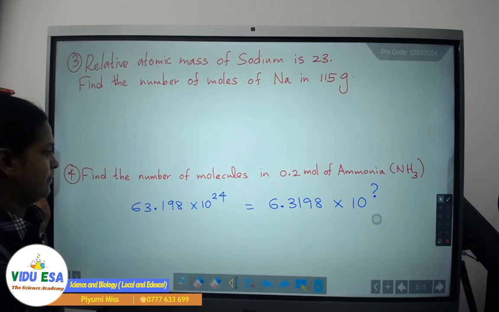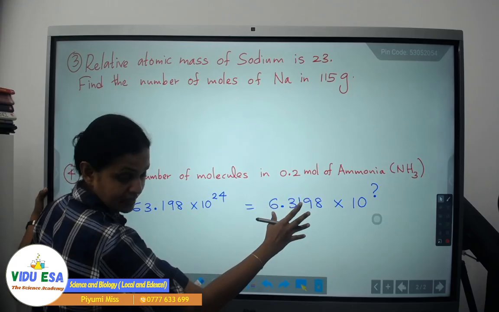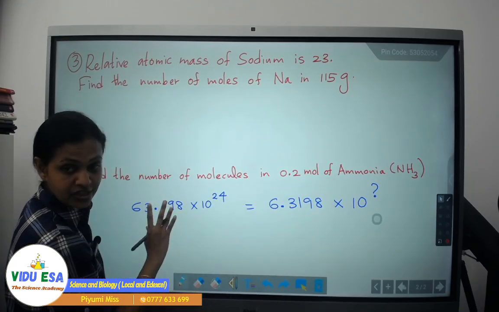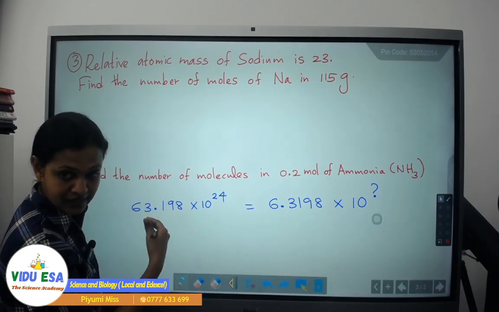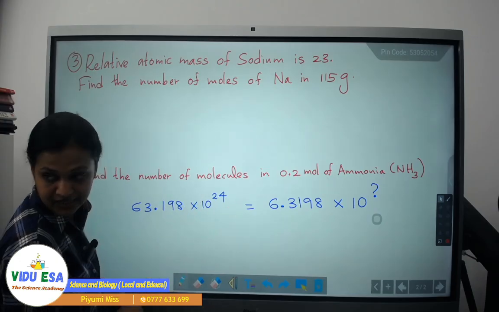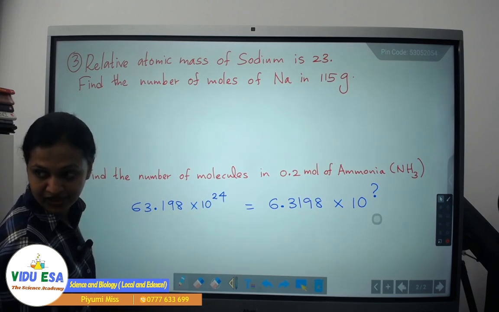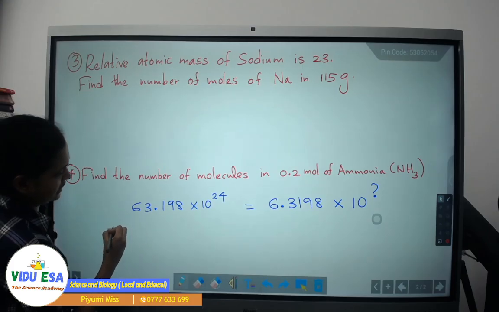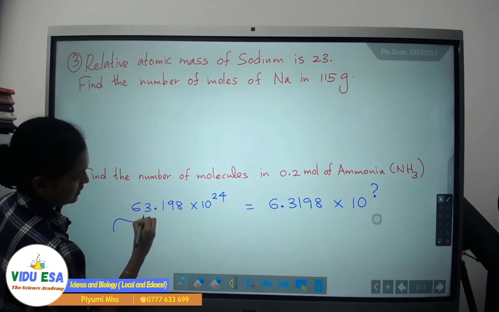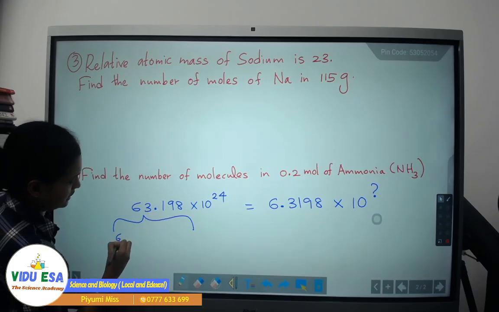Right? Okay. For that, think: when I am writing it in the standard form, I can't change the value of this number. I can change the way that I express it. I can only change the way that I express it. I can't change the value. Therefore, if I write it like this, I am going to rewrite this value as 6.3198.